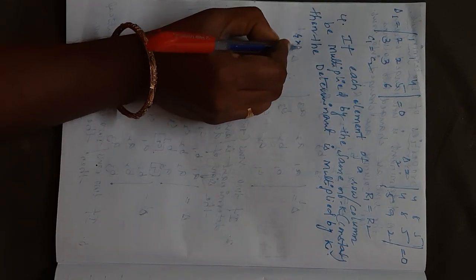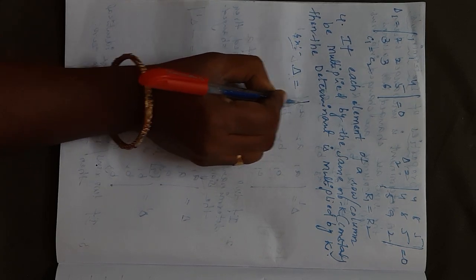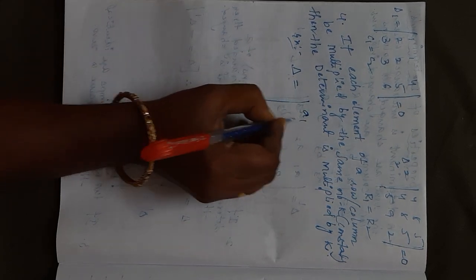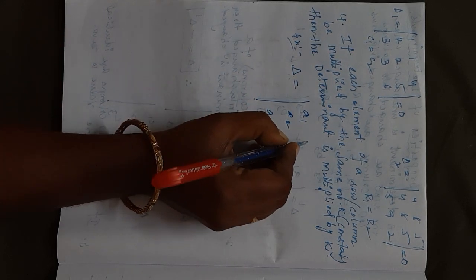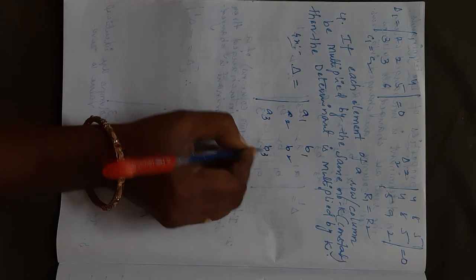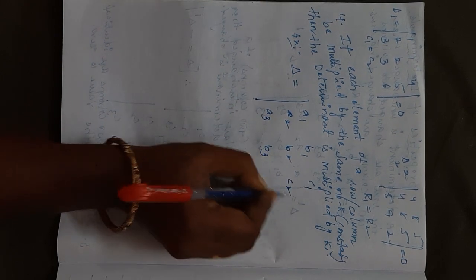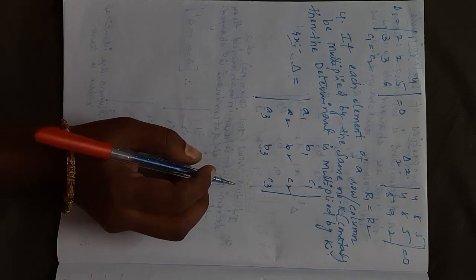For example, let us consider delta equal to a1, a2, a3, b1, b2, b3, c1, c2, c3. So like this I have taken one example.